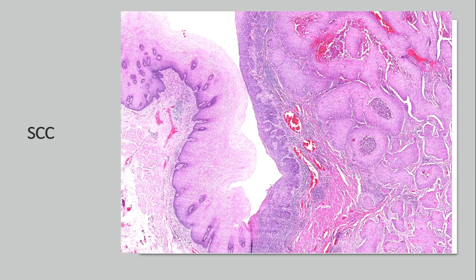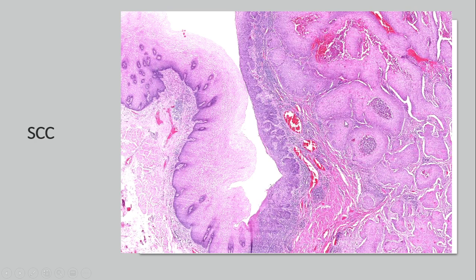Invasive squamous cell carcinoma with nests of invasive squamous cells. Here is the non-neoplastic squamous epithelium, intact basement membrane, submucosa, muscular cord, and here is the start of the tumor.